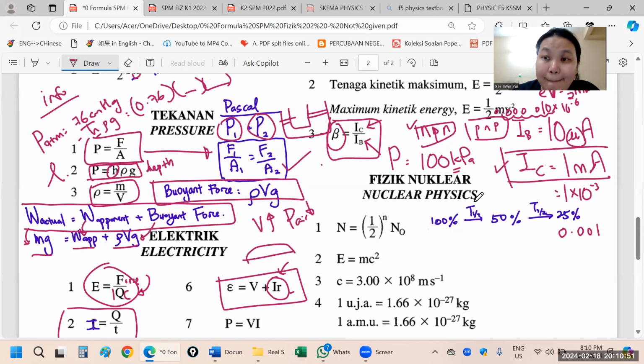Kilo means what? Means 1000. Okay, so this one actually is 100,000 Pascal. Or since you're used to the standard form already, you can say times 10 to the power of 3 Pascal.